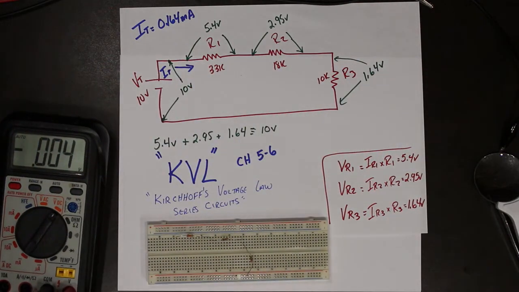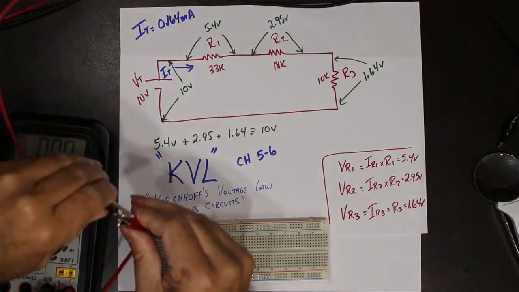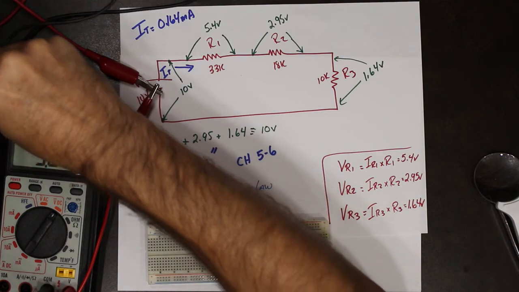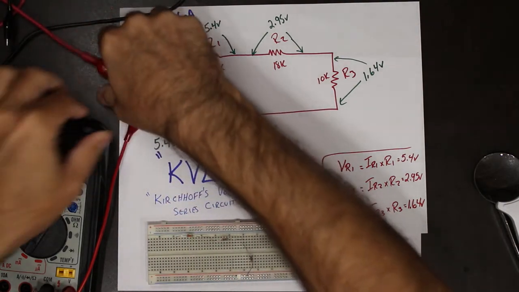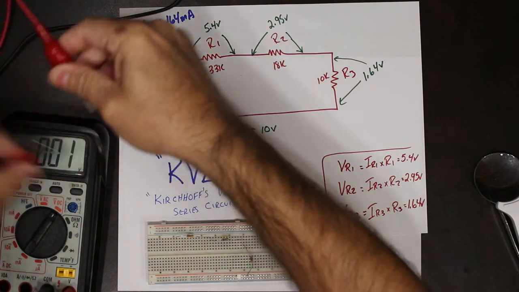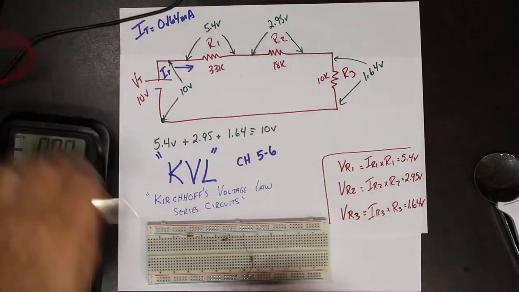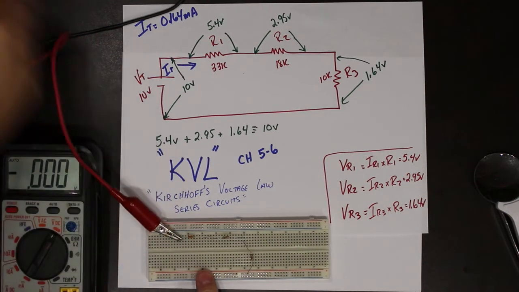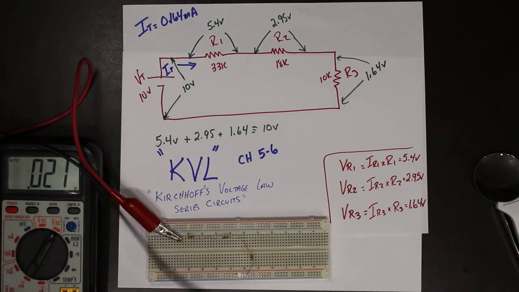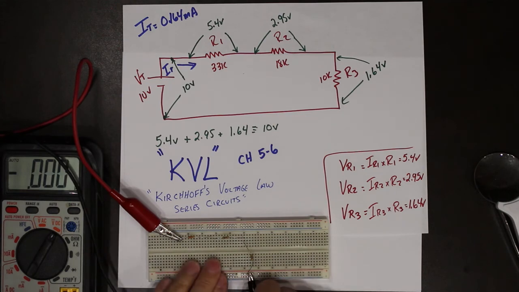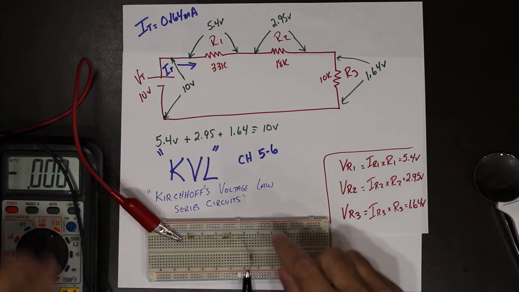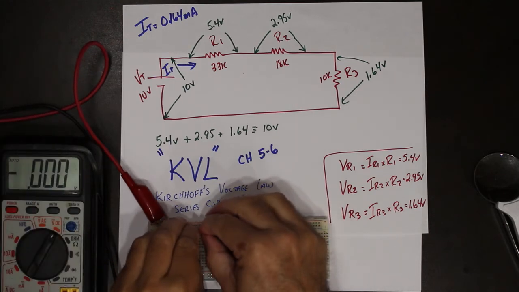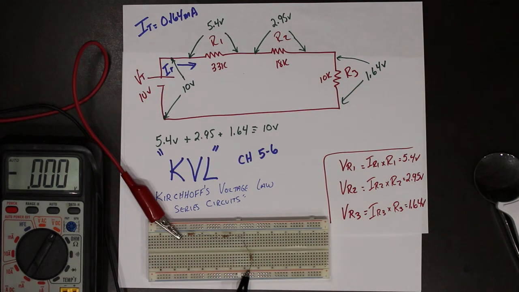From my power supply, we'll set this up for 10 volts. And we're going to apply the 10 volts to the circuit. So there we go. The 10 volts is applied to the circuit.